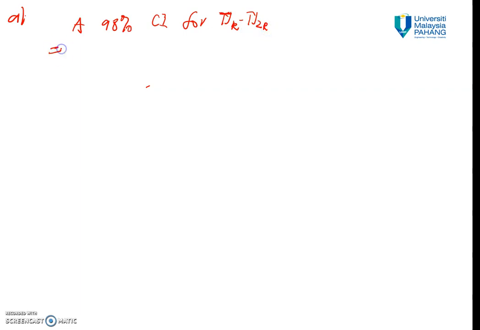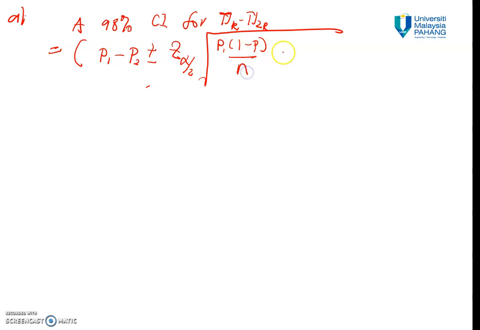The formula, you only have one formula: P1 minus P2 plus minus Z alpha over 2 times the square root of P1, 1 minus P1 over N1, plus P2, 1 minus P2 over N2. R means we focus on need major repair.